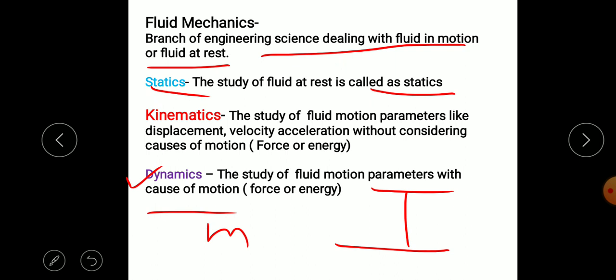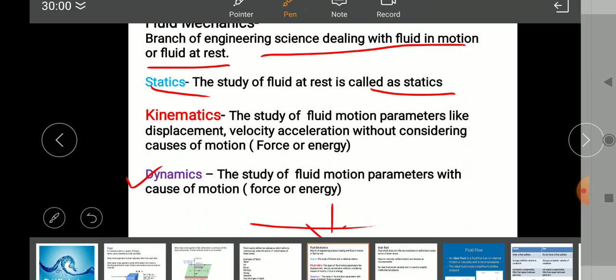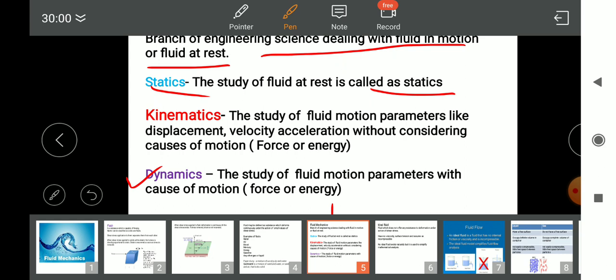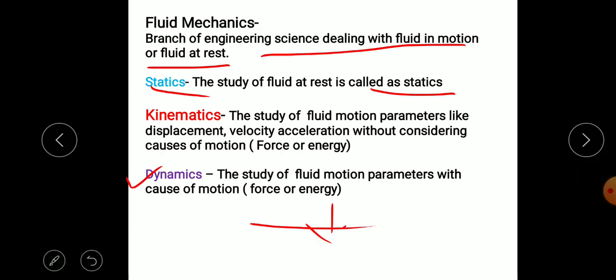At that time we are considering the force as well as the motion of the fluids. In the case of aeroplanes or automobiles running, the air surrounding the aircraft is also moving. So it applies force over the walls of the automobile or aircraft. At that time we have to consider the force exerted as well as the motion parameters.